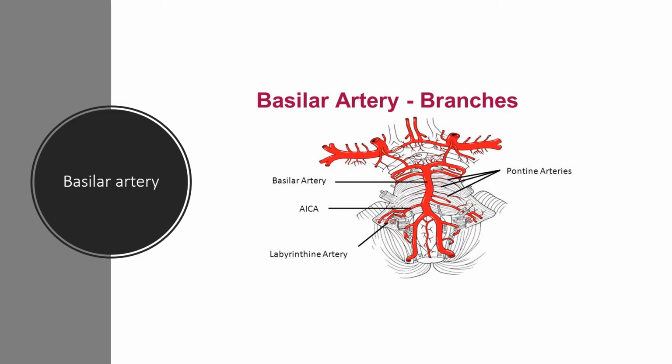The posterior cerebral arteries, which are the terminal branches of the basilar artery, pass laterally parallel to the superior cerebellar artery and curve around the midbrain to reach the medial surface of the cerebral hemisphere beneath the splenium of the corpus callosum.